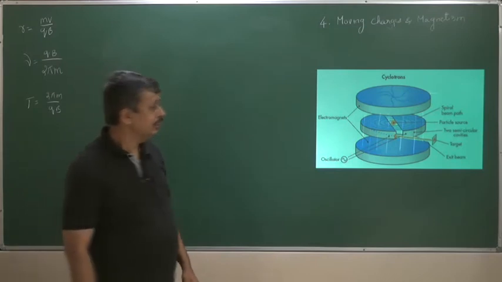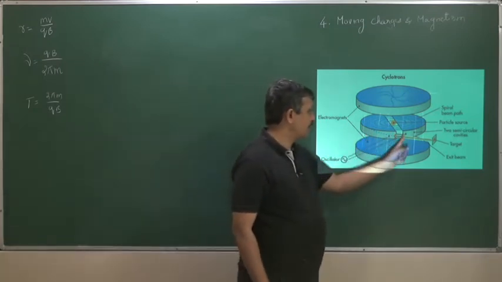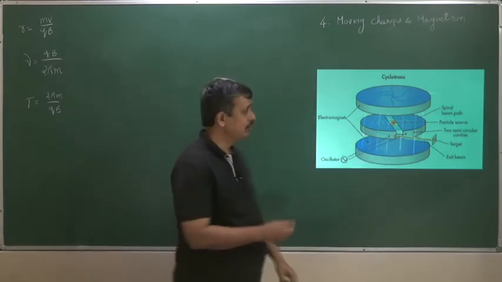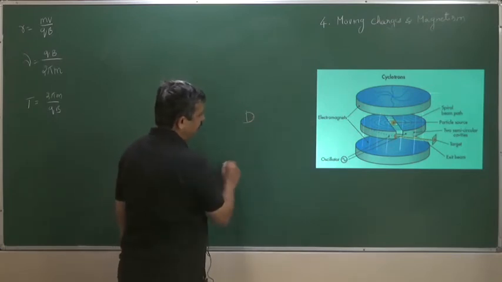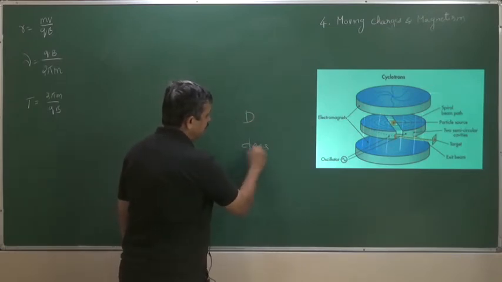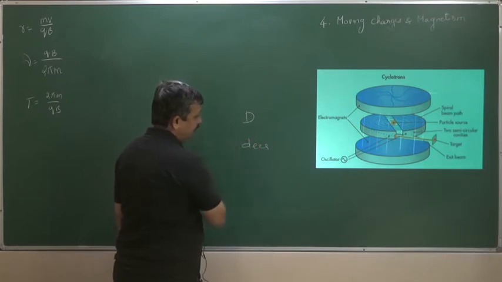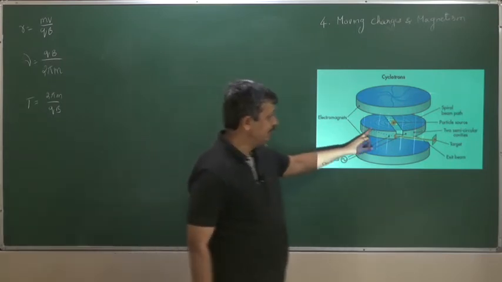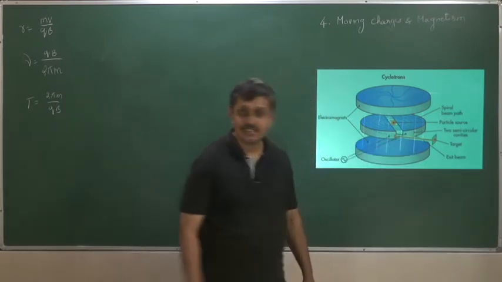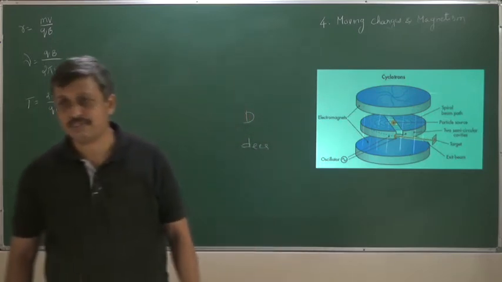Each one of them is called a D, because it looks like a D. Two D's are there, two semicircular ones.